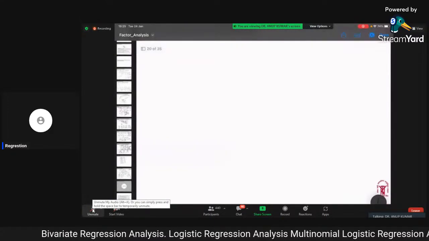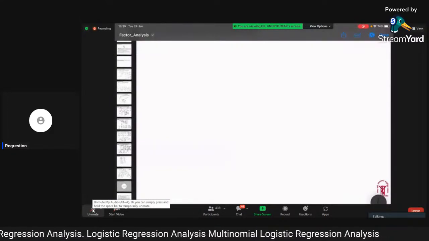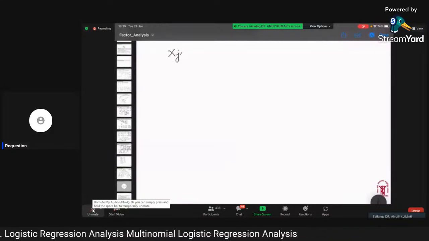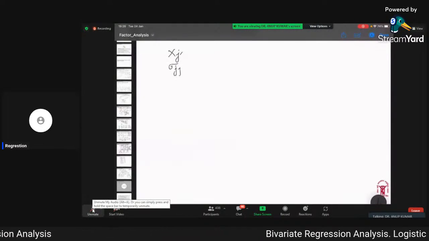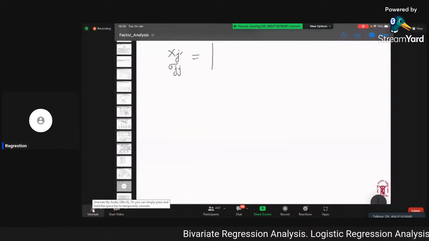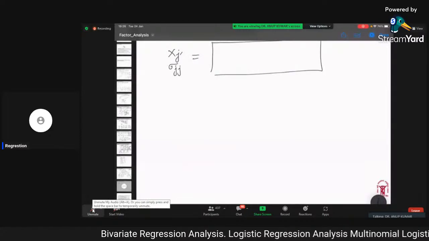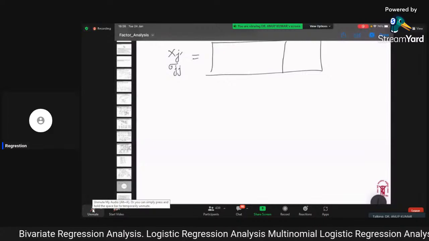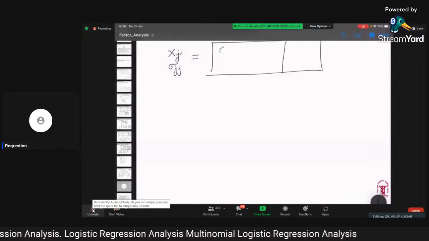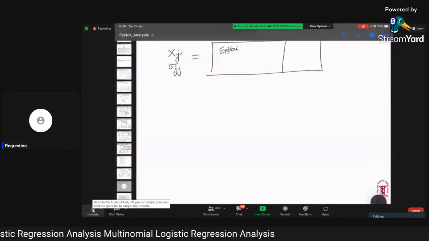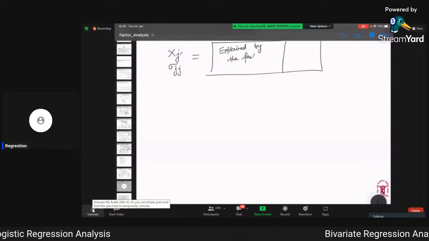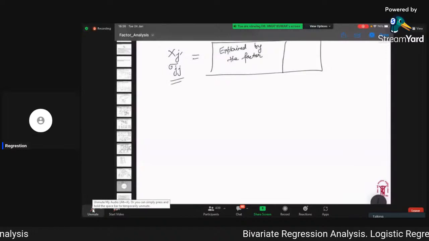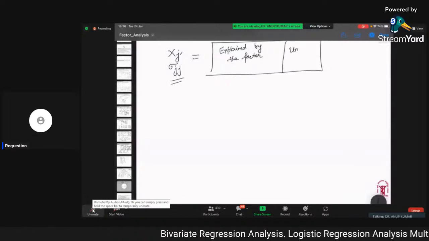Okay, so what does it mean? If I'm saying that the jth variable is there, it is measured in terms of sigma jj, and we can say it is broken into two parts. One part is explained by the factors and another part is unexplained.